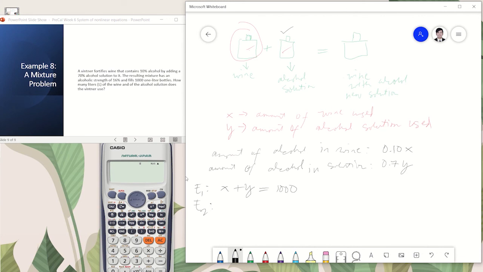So it is expected that 0.10x plus 0.7y should result to 0.16, because that's 16%. That's our resulting mixture, wherein the amount of resulting mixture would be 1,000 liters. So 0.16 times 1,000.